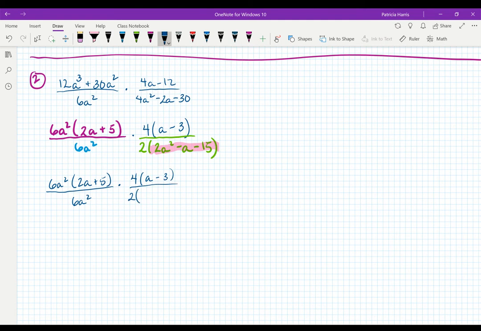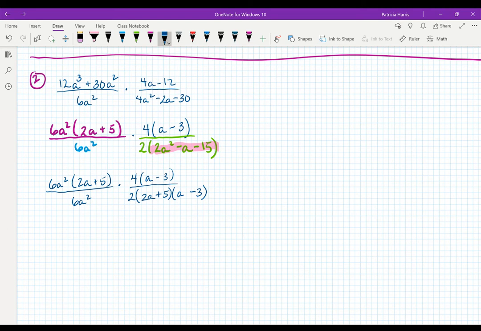Okay, so now I'm going to factor 2a squared minus a minus 15. Okay, now remember, I've had a lot of practice factoring. If we need to do a mini lesson on factoring, let me know and I will more than happily make one.